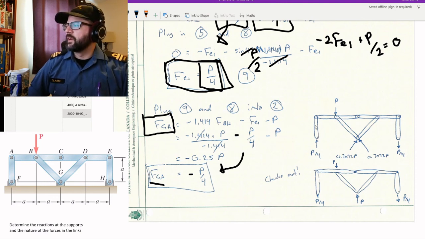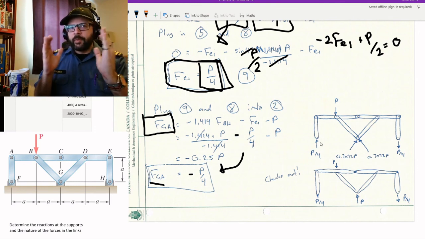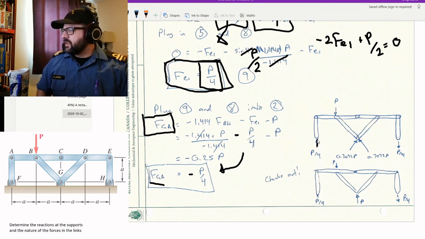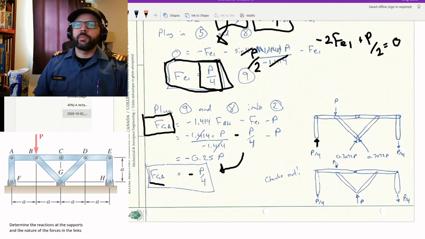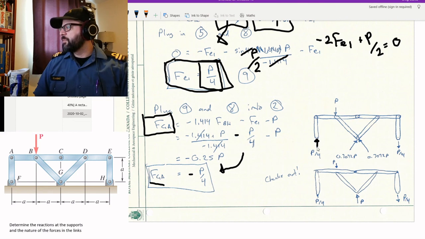This one here ended up being in compression. In order to compress that link, you need to be pushing on it, so the reaction is pushing on that link. So it has a positive force being applied there, P over 4, at G.